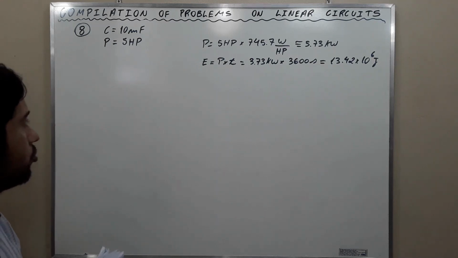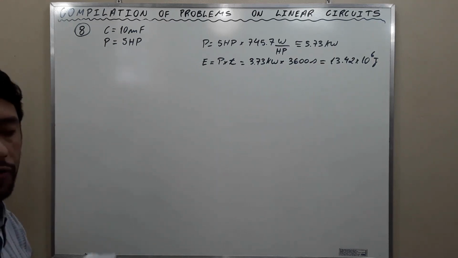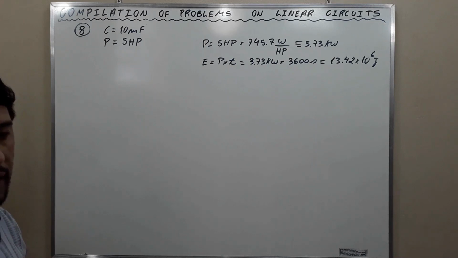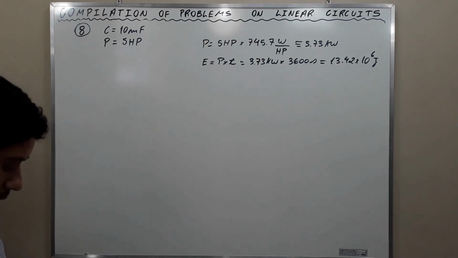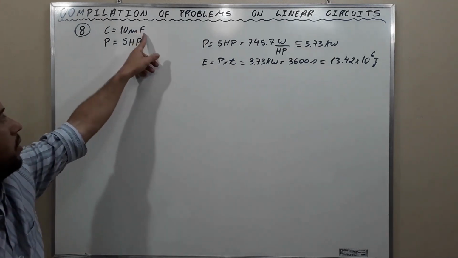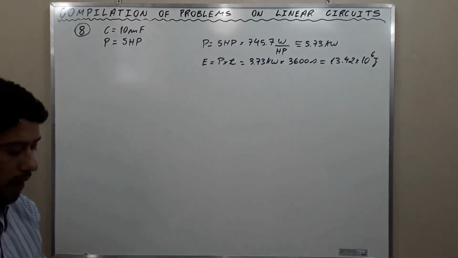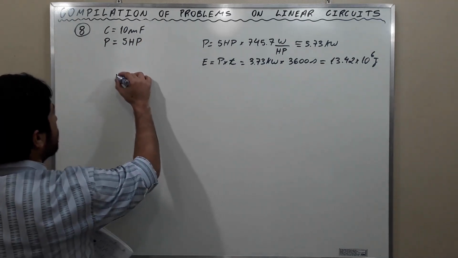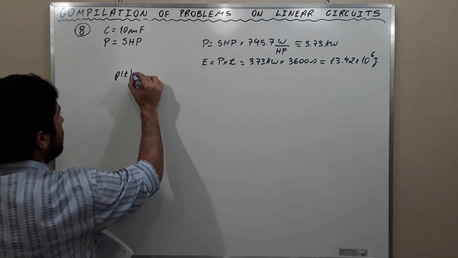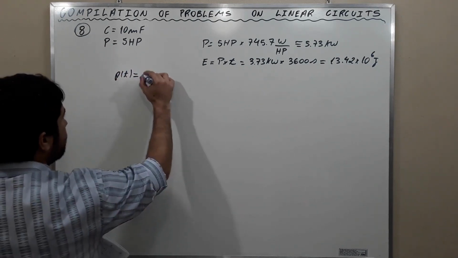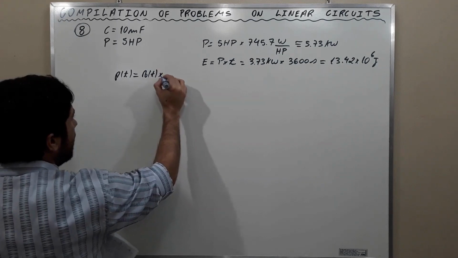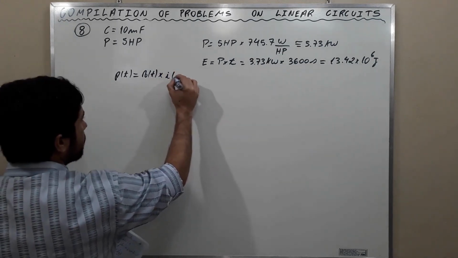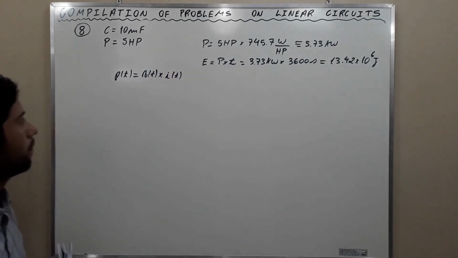And we are going to find the voltage that the capacitor will have. This kind of capacitor here, 10 millifarad. We are going to begin by understanding that P of t is equal to V of t times I of t. Okay?